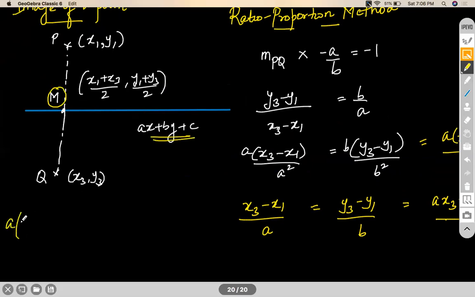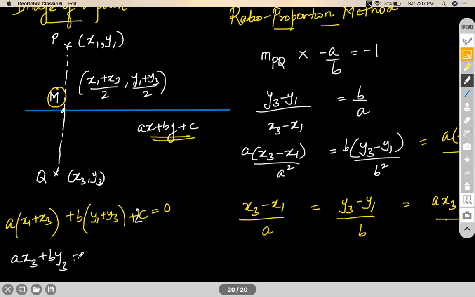That means a(x1 plus x3)/2 plus b(y1 plus y3)/2 plus c should be 0. Let us multiply with a 2 throughout. So from here I can say that ax3 plus by3 is minus 2c minus ax1 minus by1.